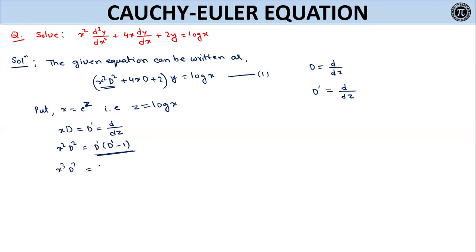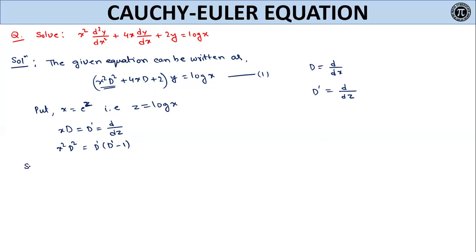In that case you write D dash into D dash minus 1 into D dash minus 2, and so on. But here we have only second order, so I am not explaining it further. In place of xD you write D dash, and in place of x square D square you write D dash into D dash minus 1.